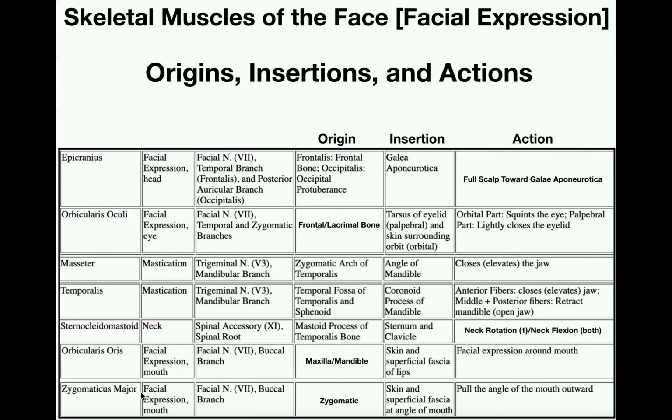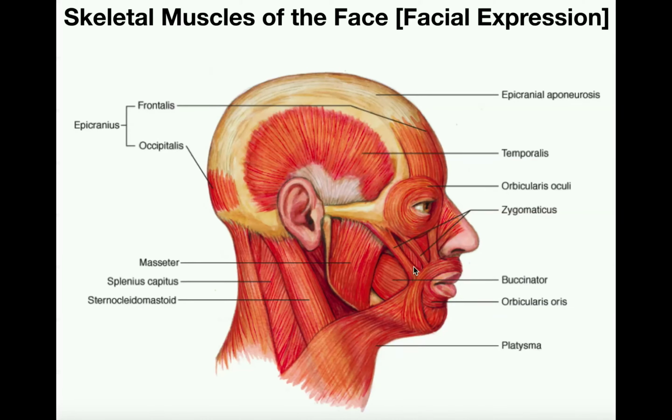And then the insertion of the Zygomaticus major is again going to be the skin and superficial fascia, but at the angle of the mouth. So where this muscle inserts is on the superficial fascia at the corners of the mouth. Okay? And so if we imagine the insertion being pulled toward the origin, we're going to have smiling.